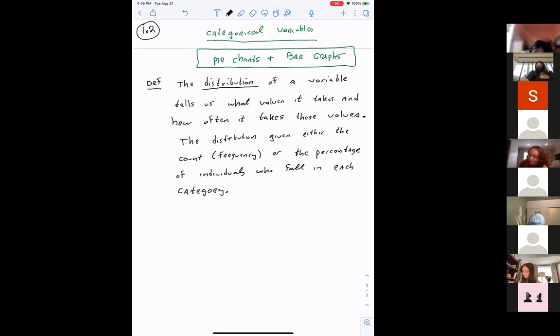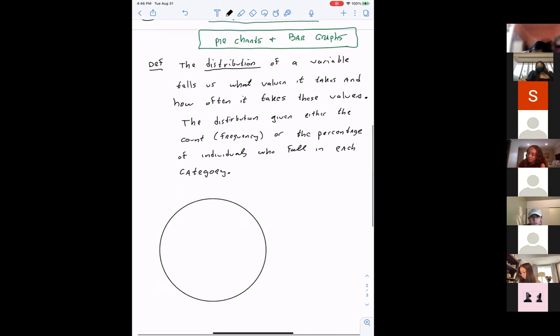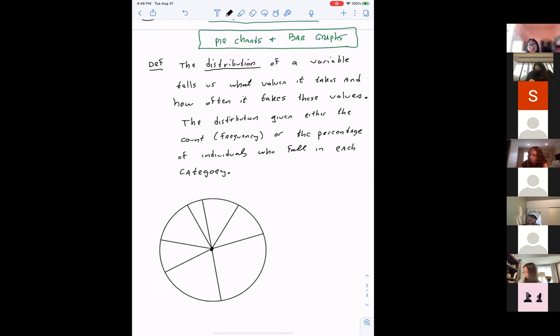What exactly does a pie chart look like? Well, pie charts look like circles. And what you're going to have is little wedges, something that might look like this.